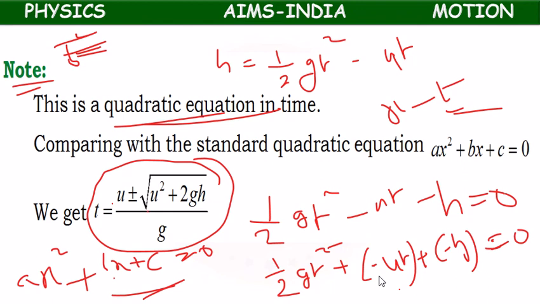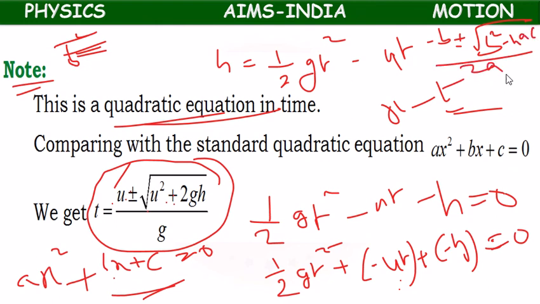According to that, minus b means minus of minus u, that is plus u, plus or minus root of b square minus 4ac.